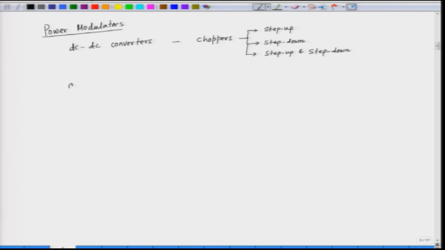Now, we have a type of converters which convert AC to DC. These converters can be simply diode rectifiers, which are uncontrolled rectifiers which convert AC to rectified DC. And we have some converters which change AC to a variable DC. They are called controlled rectifiers.